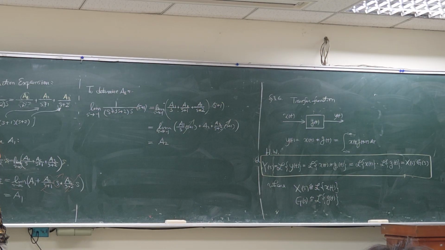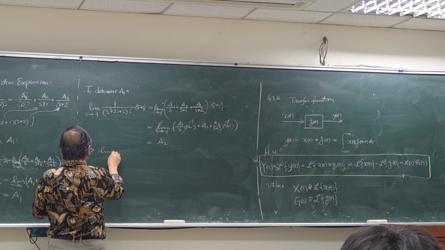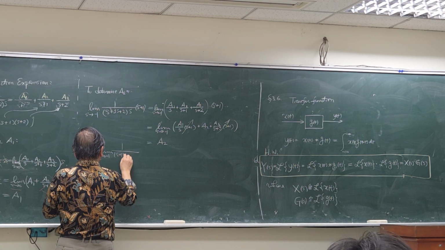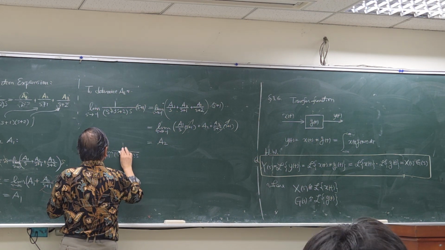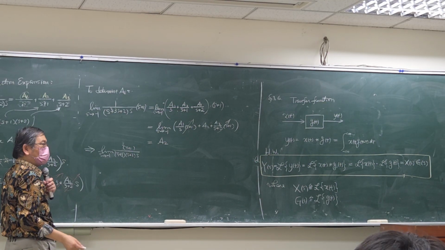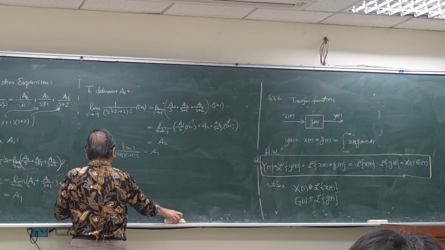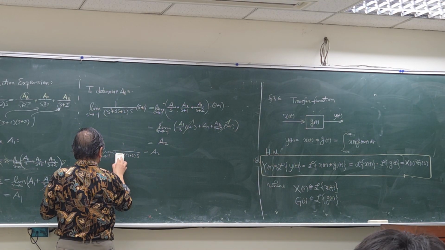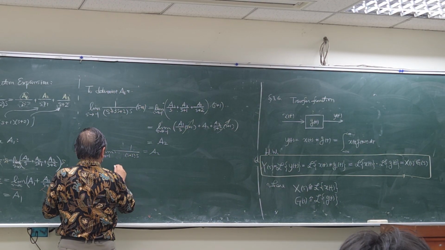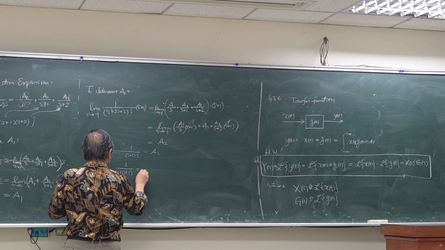Okay? So what's left? Now this is s plus 1, s plus 2, s plus 1. So these two can be cancelled off. So that will be A2. And then s approaches negative 1, so I have 1 over negative 1 plus 2 times negative 1 equals A2.